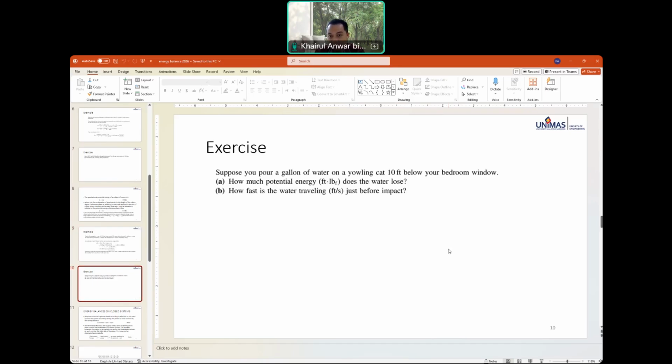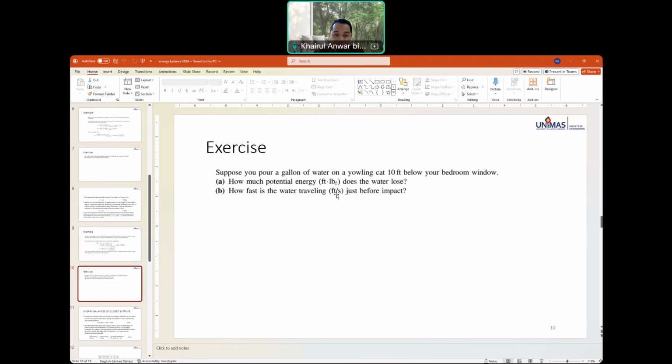Z2 is 10 feet higher than the cat. So Z2 is 0, meaning it's a reference plane, minus 10. So negative 10. So MGZ. And a dot.